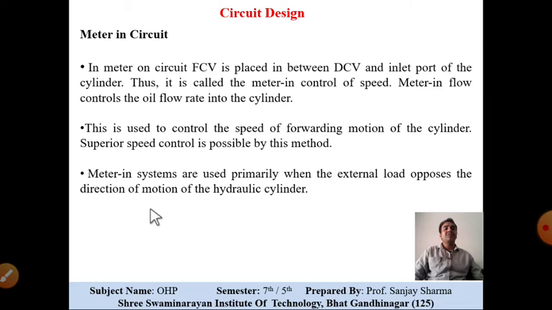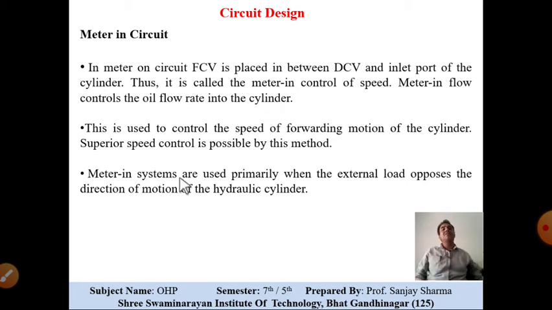It means this type of system is used where the external load opposes the direction of the motion. So when we are extracting, the force should act opposite to that. Suppose this is the extracting direction, then this should be the direction of the force. Because of this, we can see the metering effect.